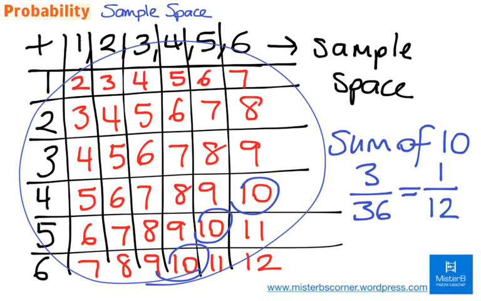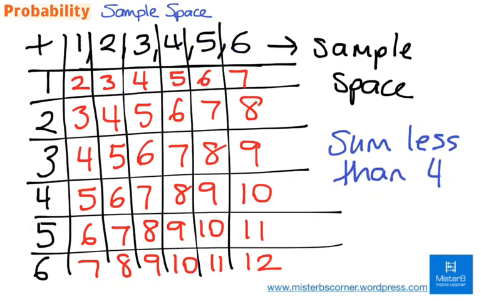So see, getting a 10 as a sum from 2 dice is less probable compared to 7. Or there could be a question like a sum which is less than 4. So basically, it's going to be 3 or 2. Again, there are 3 such outcomes out of 36, which will give me, again, 1/12.